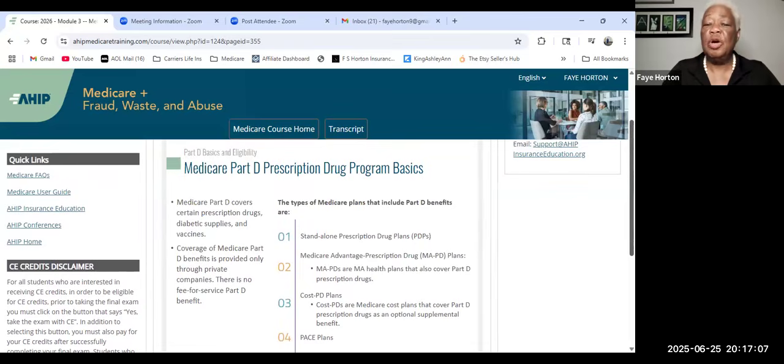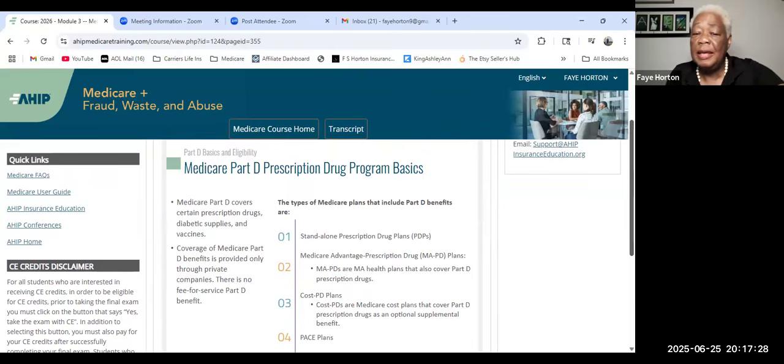Medicare Part D prescription drug program basics. Medicare Part D covers certain prescription drugs, diabetic supplies, and vaccines. Coverage of Medicare Part D benefits is provided only through private companies. There is no fee-for-service Part D benefit.